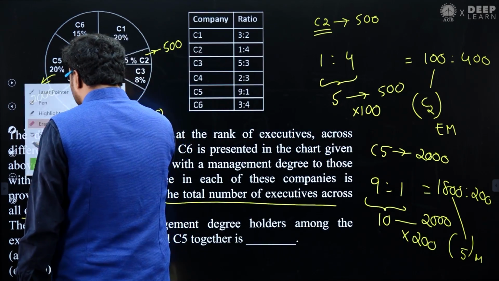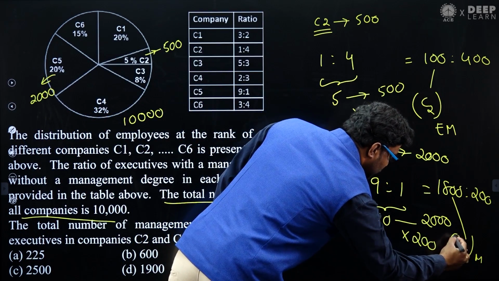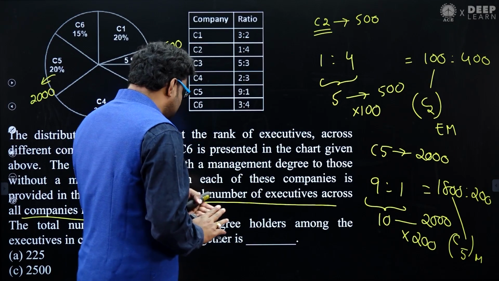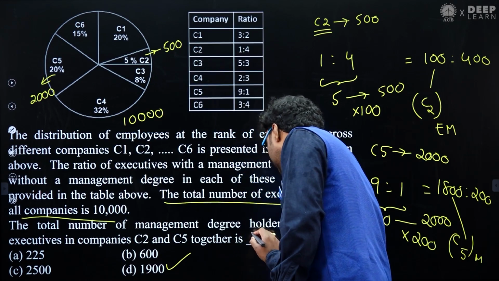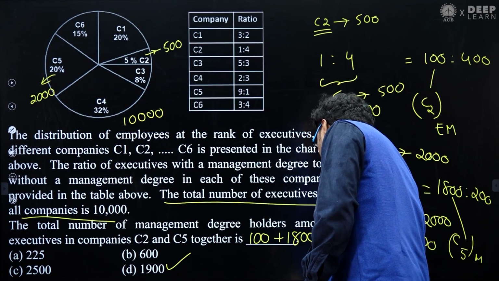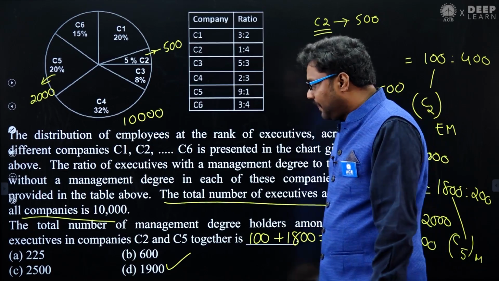So now I think we are done with the question, right? Company 2 and company 5 together, how many have a management degree is 1900. In company 2, 100; company 5, 1800. Together we get 1900, my dear friends. Got it?